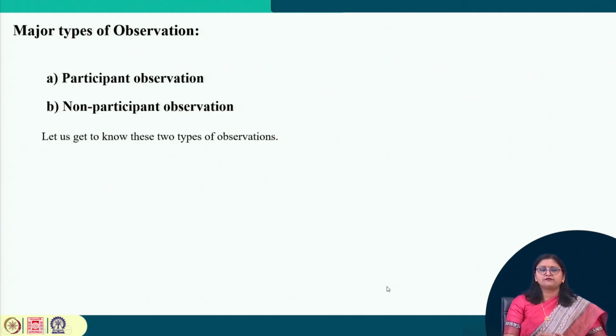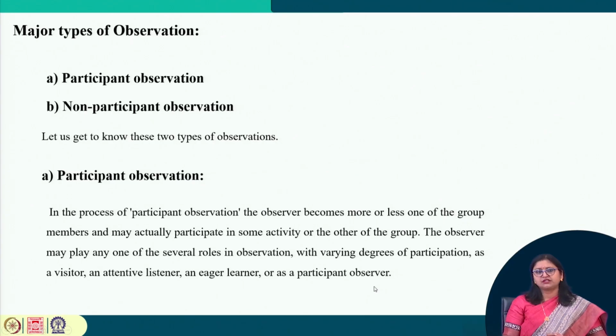If we are focusing on observation in educational researches, basically we go for non-participant observation, and in ethnographic researches we go for participant observation. In the process of participant observation, the observer becomes more or less one of the group members and may actually participate in some activity of the group.